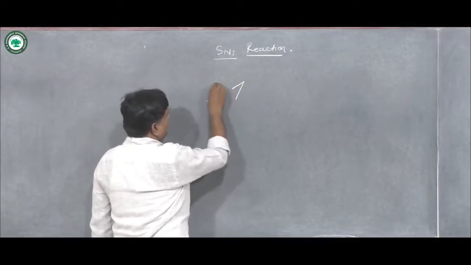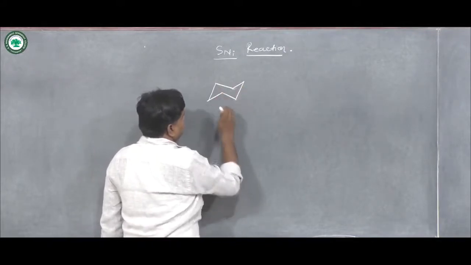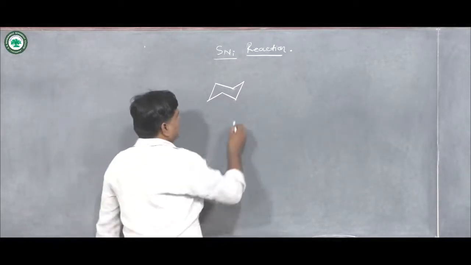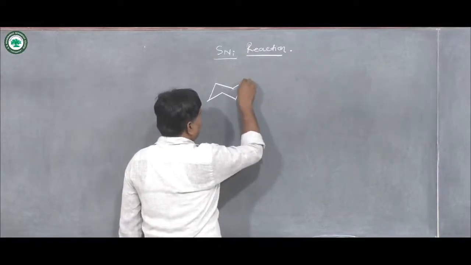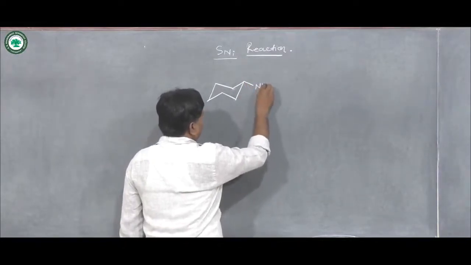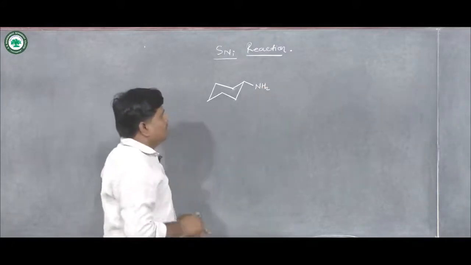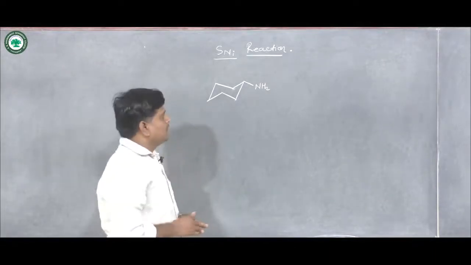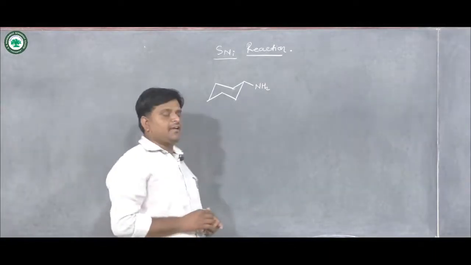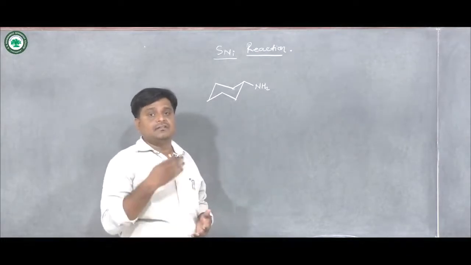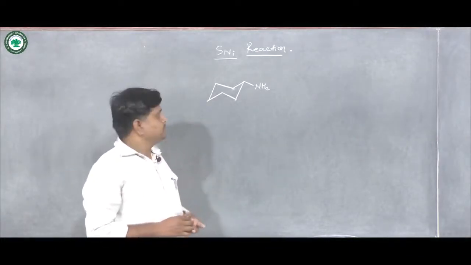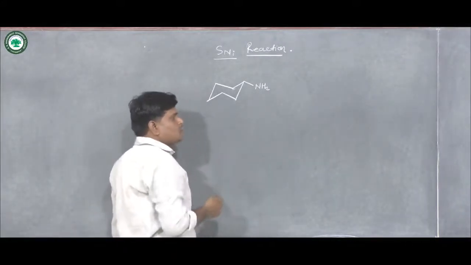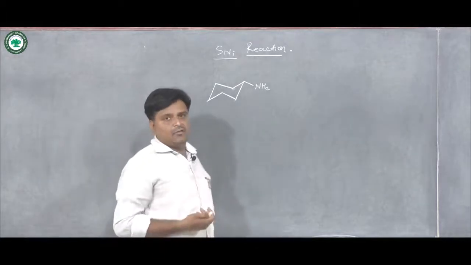Suppose we take this example. This is the cyclohexane, and on that cyclohexane ring we have an ortho amino group. When that amino cyclohexane reacts with nitrous acid, at that time we get the equatorial alcohol, or cyclohexanol, having the hydroxyl group also present on the equatorial position.